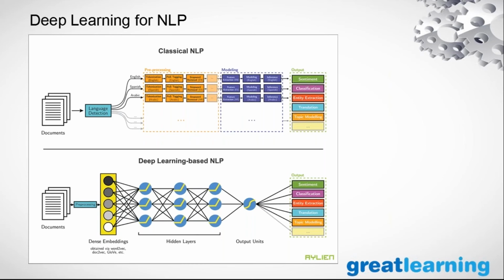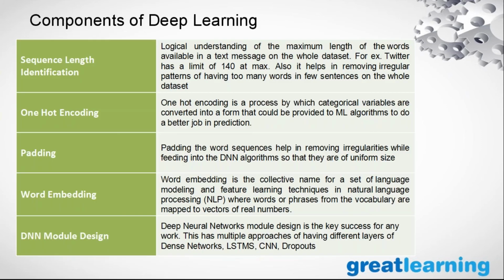So that being said, now we have set what exactly deep learning is, and what the difference is between the classical method of NLP and the deep learning method in NLP. Now we are going to go a bit deeper. Now these are the key components, I would say, in any deep learning mechanism.